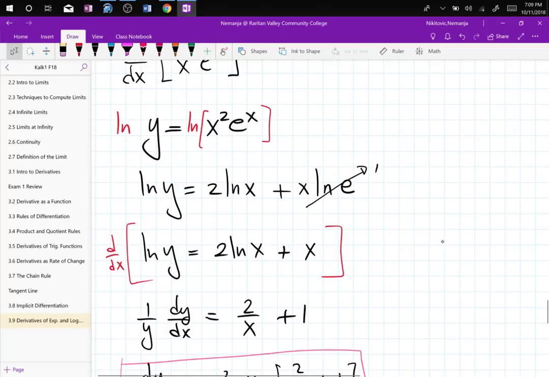You see, if I had e to the ax over there, then that ax would go in front of the ln. Changes nothing. Oh, okay, so the ax would just go... Yeah, so if a was here, then that a will just go in front of this x along with it. And then it will be here, right?